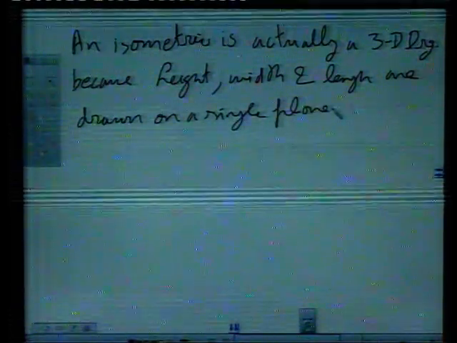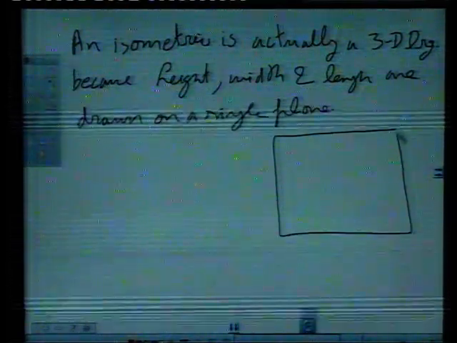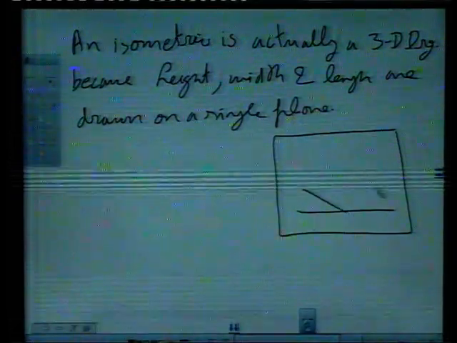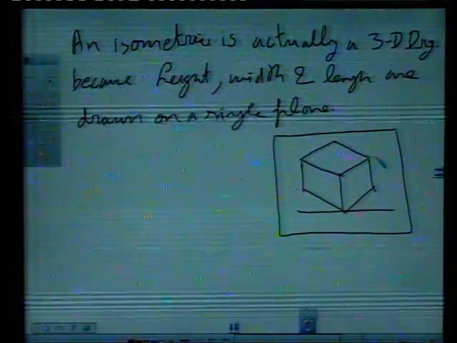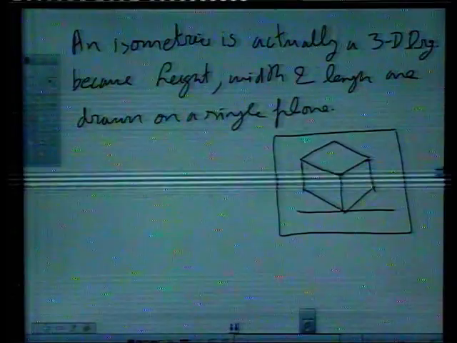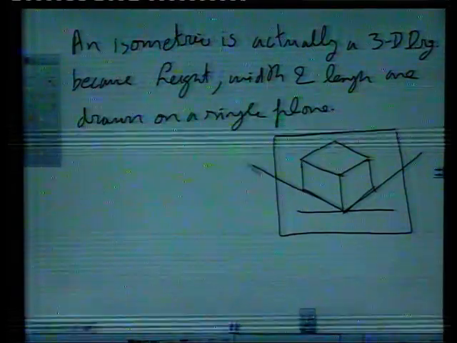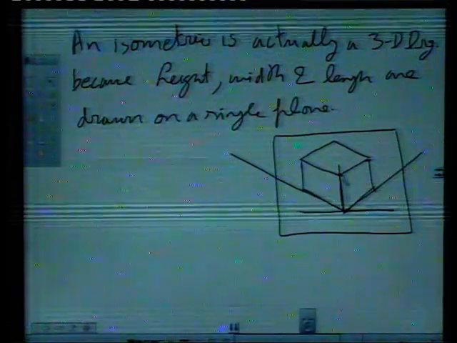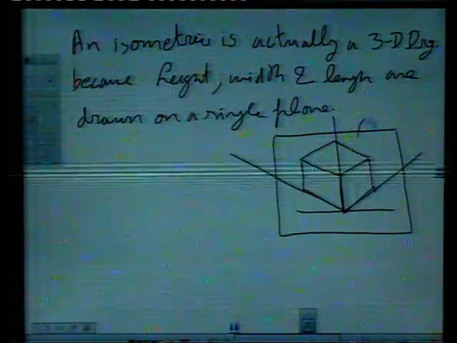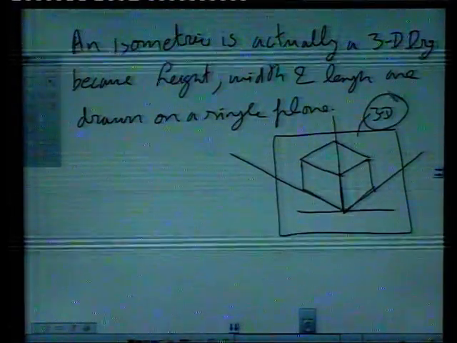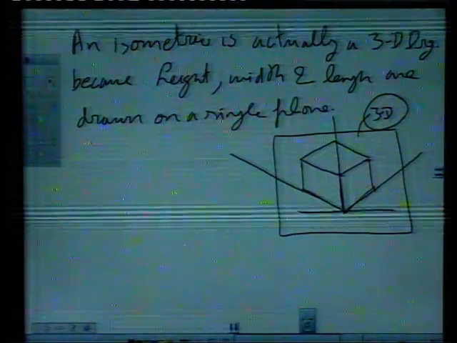For example, say we draw isometric of a cube. Say this is the drawing sheet, and isometric of the cube is something like this. So, on a single plane of paper we have represented length of the object, say this is breadth of the object, and say this is height of the object. Everything is represented on a single plane. So, it is a 3D drawing on a single plane. I hope this point is also clear to you.